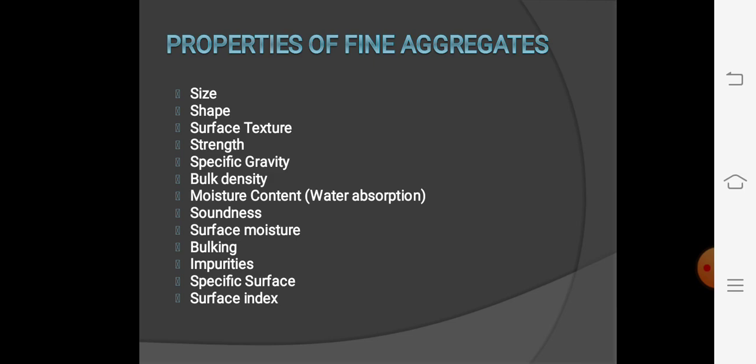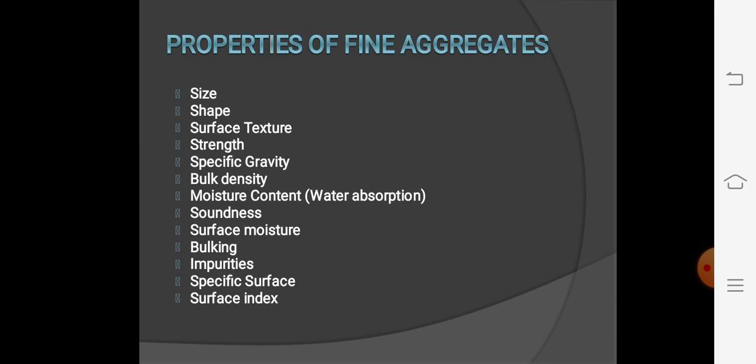The first one is size of aggregate, then shape of aggregate, then the third one is surface texture of aggregate, strength of aggregate, then specific gravity, bulk density, then moisture content, meaning water absorption, then soundness, surface moisture, then bulking, impurities, then specific surface and surface index. Okay, these are the properties of fine aggregate.